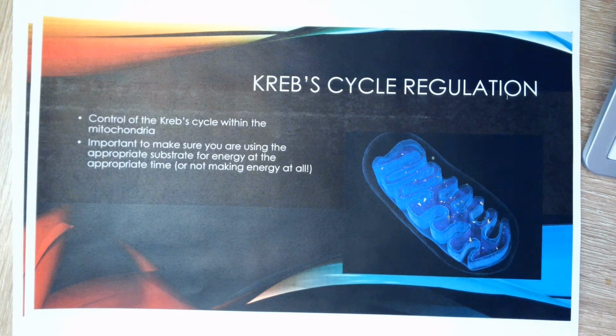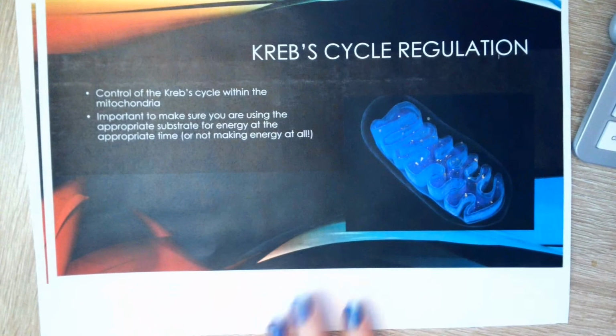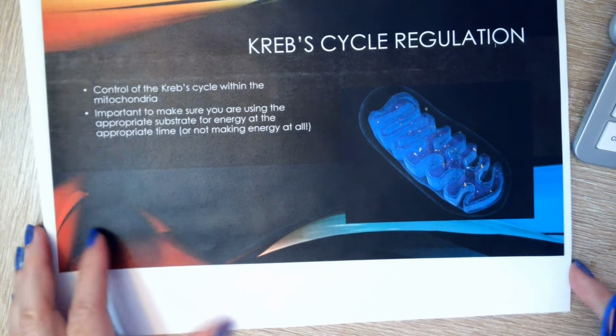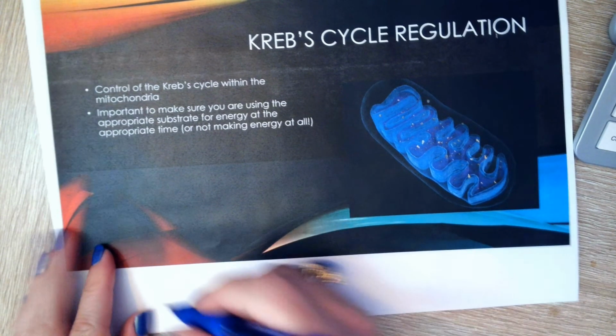There's some amino acid interaction with the Krebs cycle, and all of these things are going to be dependent on various feedback mechanisms that will determine which way reactions are going to go, if we're going to continue on with the Krebs cycle or if we're going to push it into one of these other directions.